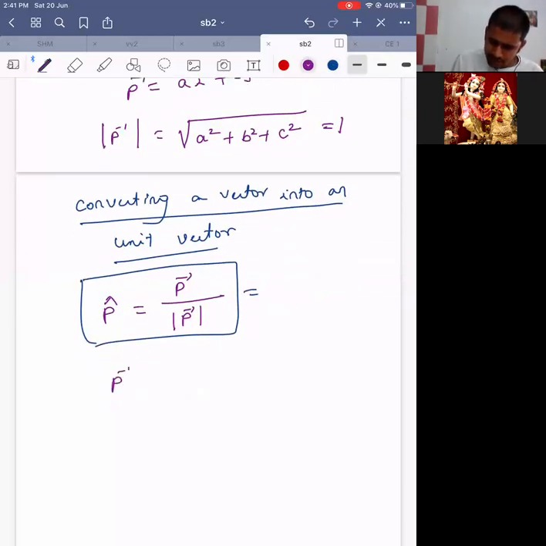P is equal to 2 i cap plus 3 j cap plus 5 k cap. Then what is the magnitude of this? Square root of 4 plus 9, 13, plus 25, 38.